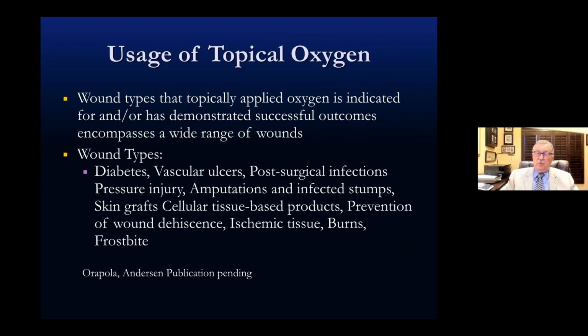The wound types reported in the literature were diabetes, vascular ulcers, post-surgical infections, pressure injury, amputation and infected stumps, skin grafts, cellular tissue-based products used with those products, prevention of wound dehiscence, ischemic wounds, burns, and frostbite.